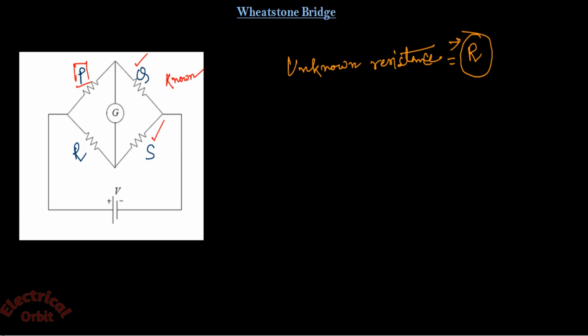What is unknown? It is R. So we have to put this R resistance value in this bridge and have to connect it with the supply source, that is V. Then we have to make the bridge balance.